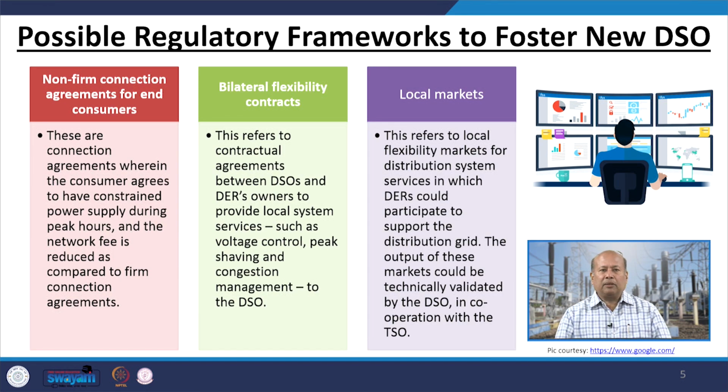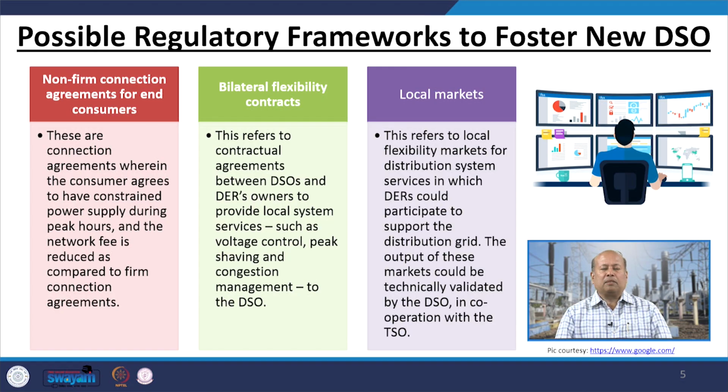Now, there is a regulatory framework to foster new DSOs. Let us focus on non-firm connection agreements for end consumers. These are connection agreements wherein the consumer agrees to have constrained power supply during peak hours, and the network fee is reduced as compared to firm connection agreements.